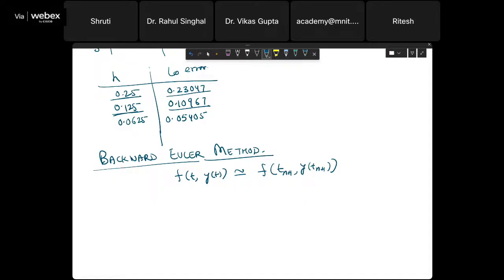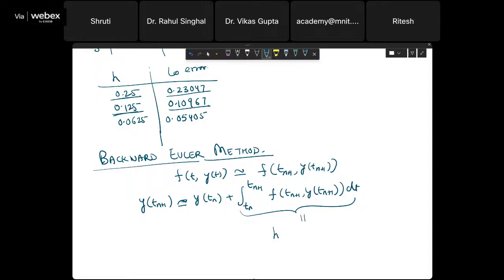The same procedure will follow. Your integration will give you y_h at tn plus 1 is equal to y_h at tn, and then plus the integral from tn to tn plus 1. Now the function is approximated like this, and in turn, this part alone will give you h times f of tn plus 1, y of tn plus 1.